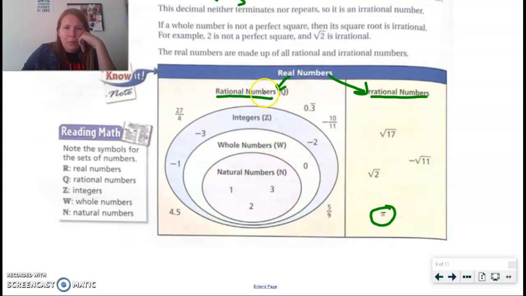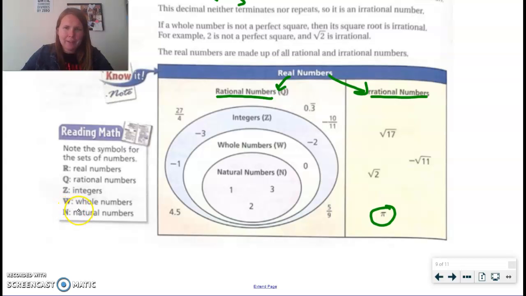And so from here, everything in this box is a rational number. The further we move in, okay, so then I've got integers in this part. So everything in this big bubble here, including the whole numbers and the natural numbers, are my integers. Then in the next part, everything is my whole numbers and then my natural numbers. So here's also some examples too. They use some symbols over here.